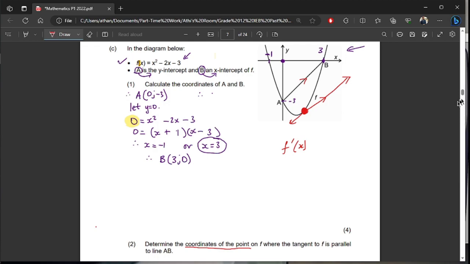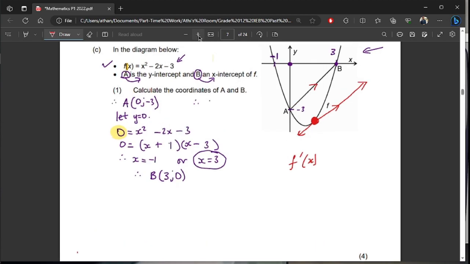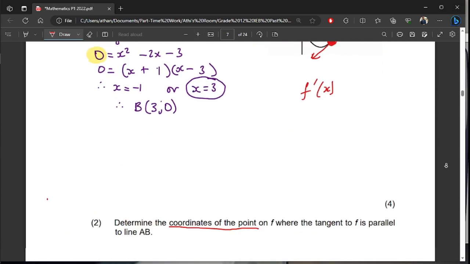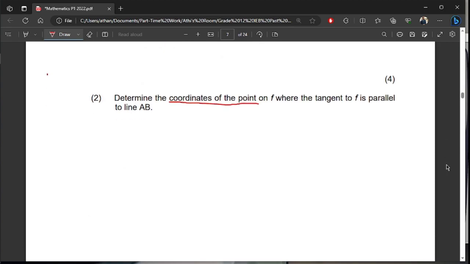The equation of f is f(x) = x squared minus 2x minus 3. So let us find the derivative at any point on the graph.